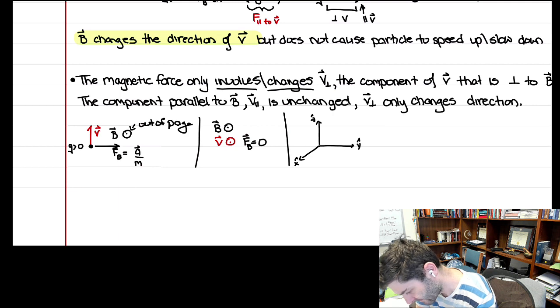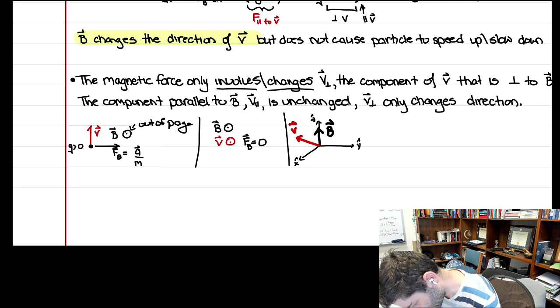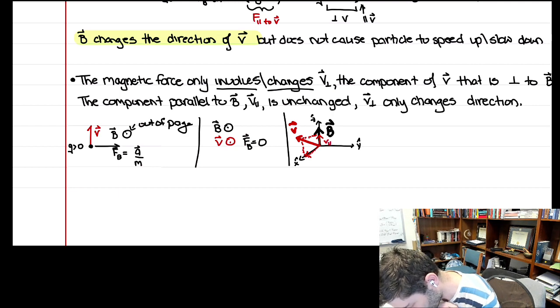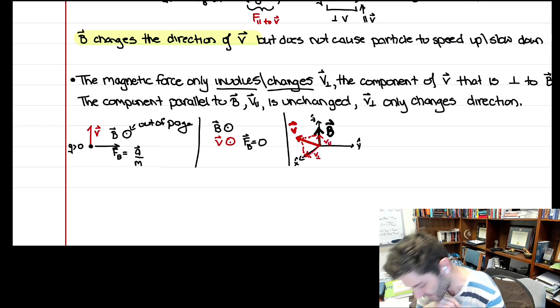I'm going to have the magnetic field point along the z direction, and then I'm going to have the velocity vector exist in the xz plane. So there's some component that goes along the x direction, and some component going along the z direction. So there is a parallel component here, and a perpendicular component here.